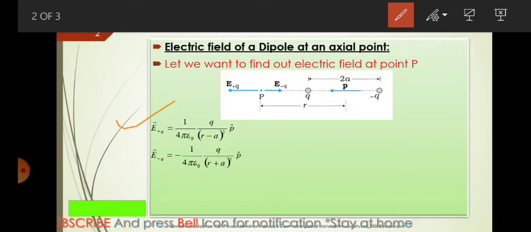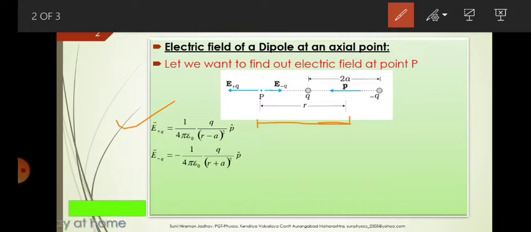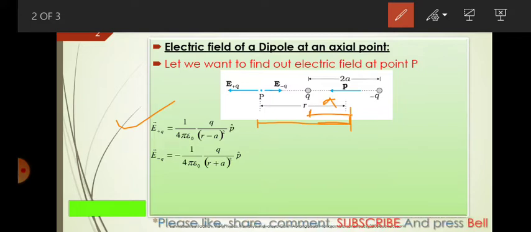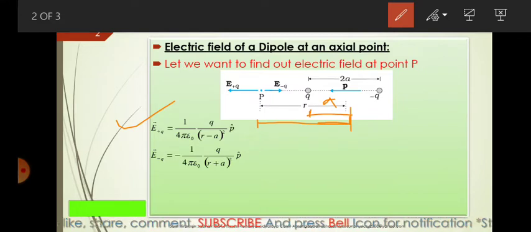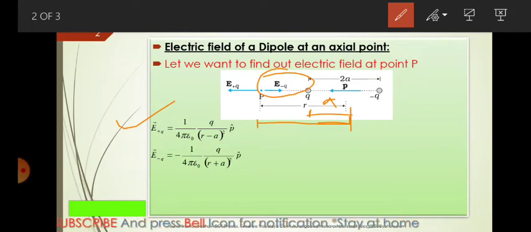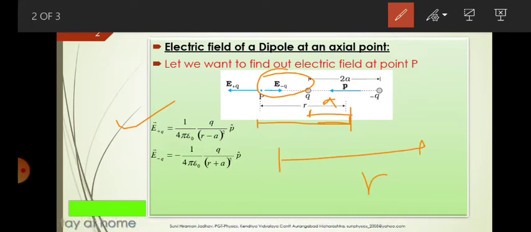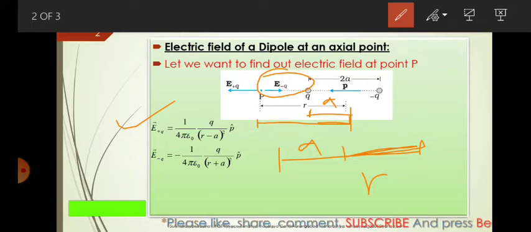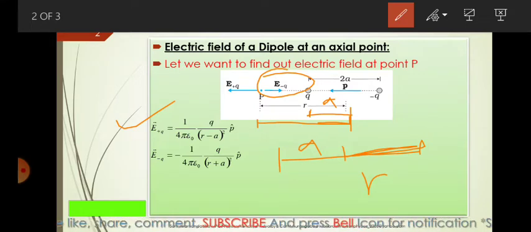Now why is it r minus a? See, point P lies at a distance r from the center, and this plus q charge lies at a distance a from the center. So this distance must be r minus a. This distance is r, this distance is a, so obviously this is r minus a.